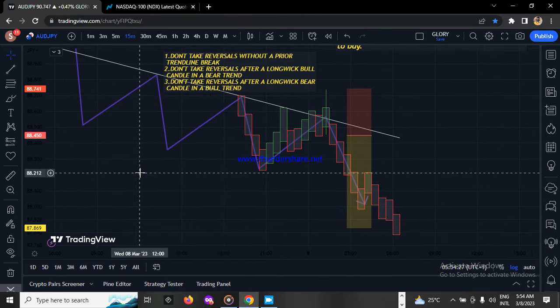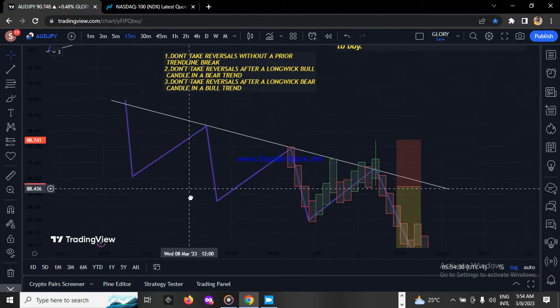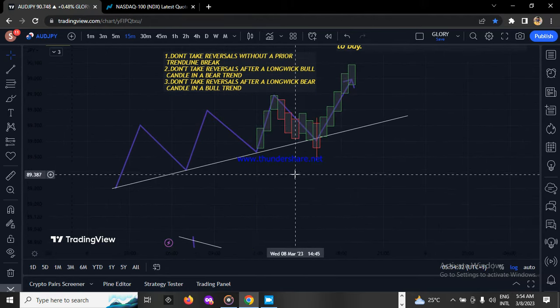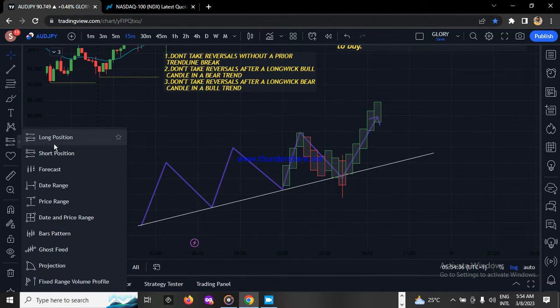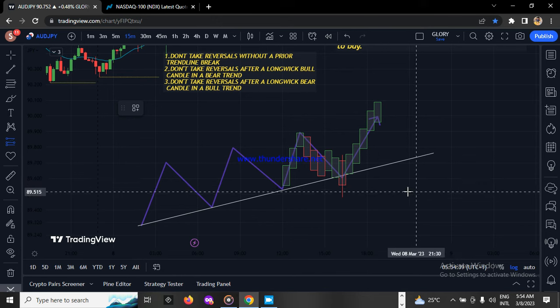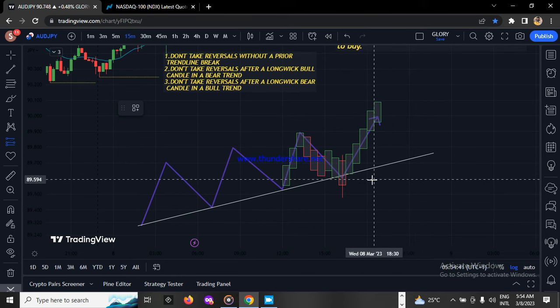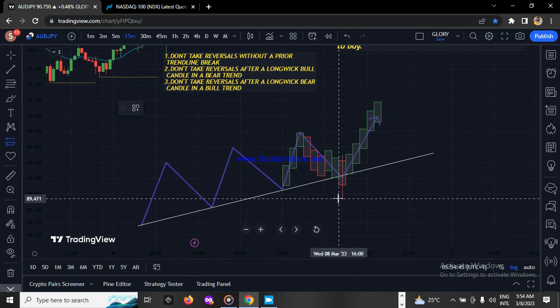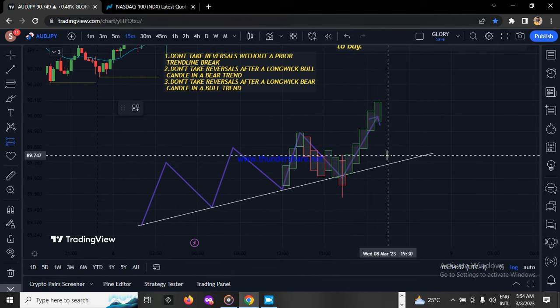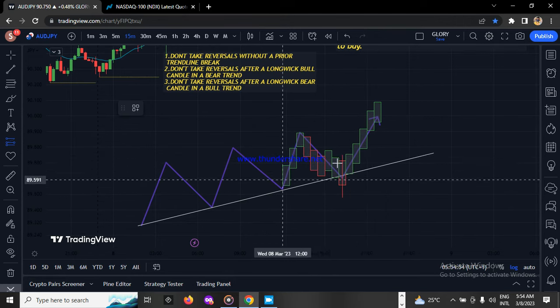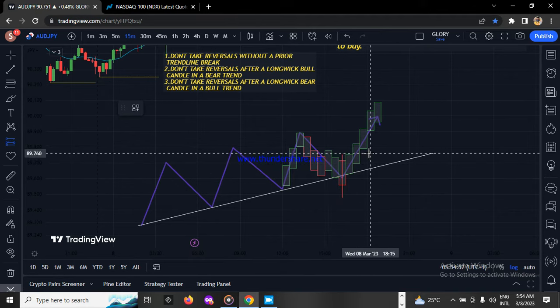The same thing is applicable in a bull trend. In a bull trend, as you can see, you enter after the close of the trap candle, immediately the next candle goes above the high of the trap candle.